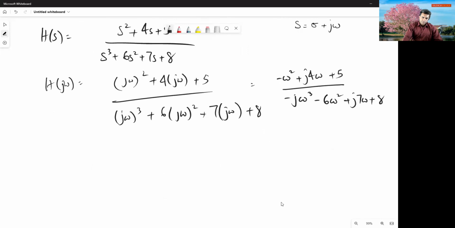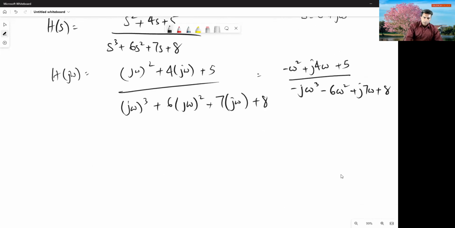So let me rearrange the terms. Make sure that whenever any complex number is written in rectangular form, you always rearrange the terms to show the real part plus j times the imaginary part. So I'm going to rearrange the top term and write it as 5 minus omega squared plus j4 omega.